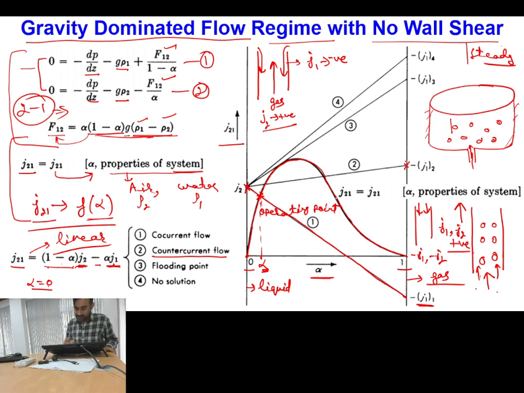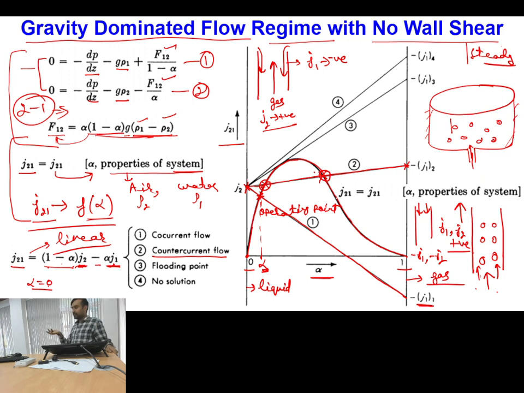So my point has shifted somewhere here. In this scenario you can see that for counter current flow my line is now intersecting at 2 points. So within the tube, I will not have a unique operating condition all the time. My operating condition will keep on oscillating between these 2 points.